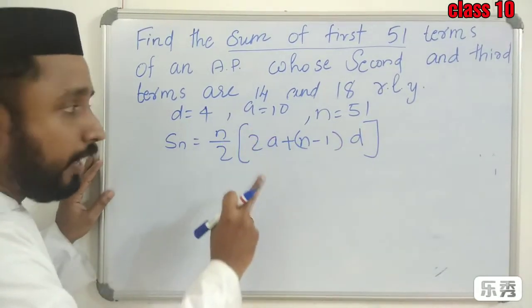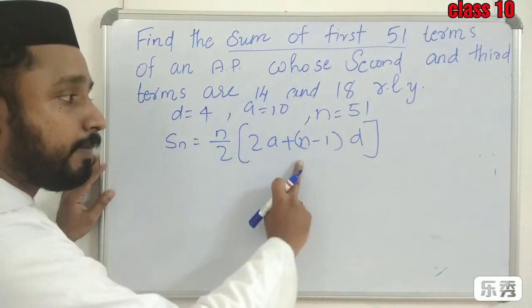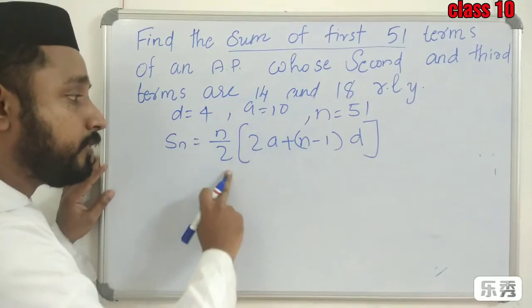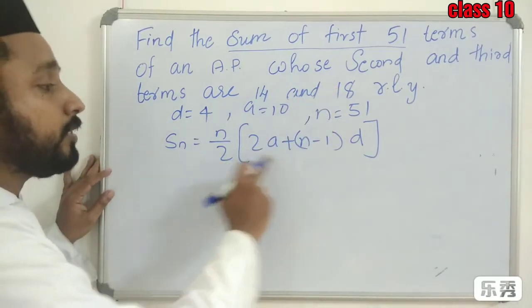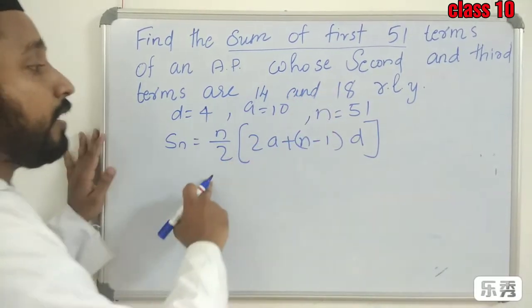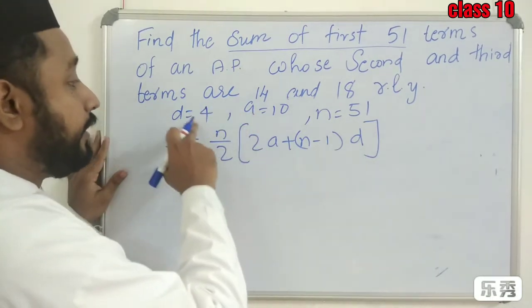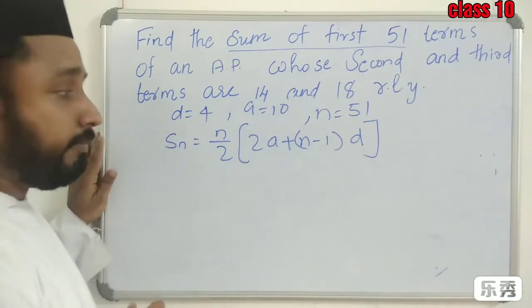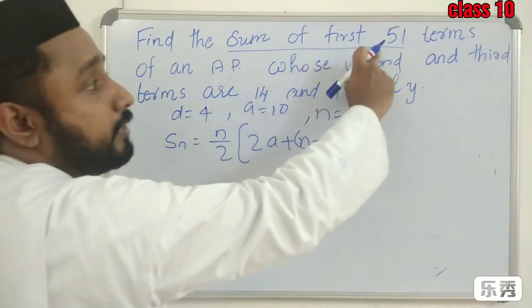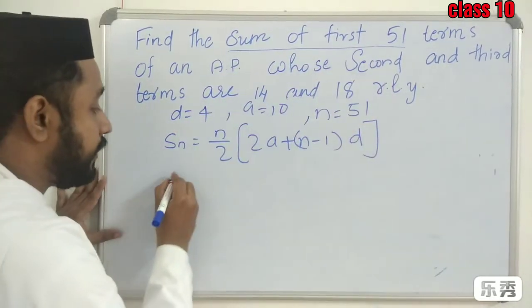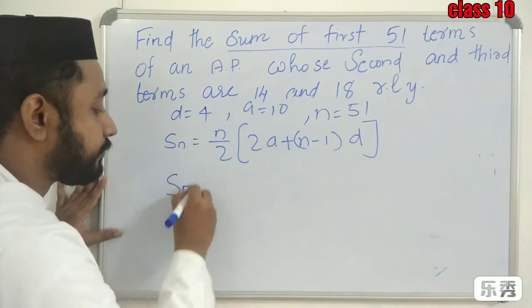We have two formulas: n by 2 into 2a plus n minus 1 into d, or n by 2 into a plus an. Here we don't know the value of an, so we use the first formula. Now we substitute the values of a, d and n, then we will get the value of S51.